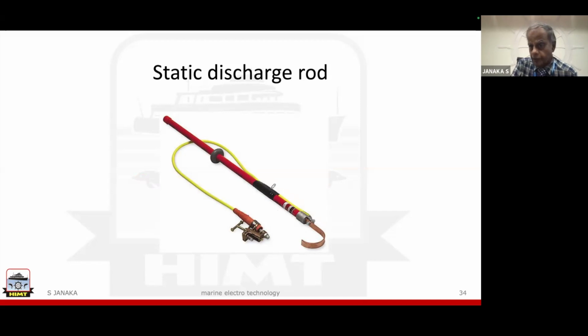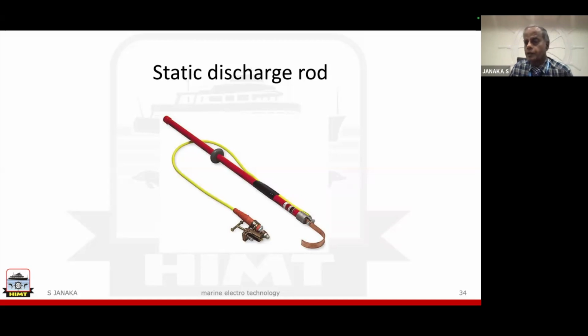And this red colored part is a telescopic arrangement which can be extended up to 25 meters in length. And this is the copper conductor, which can be touched to the MSB bus bars. This is connected to the ground, thereby the bus bars will be discharged. The static charges will be discharged.